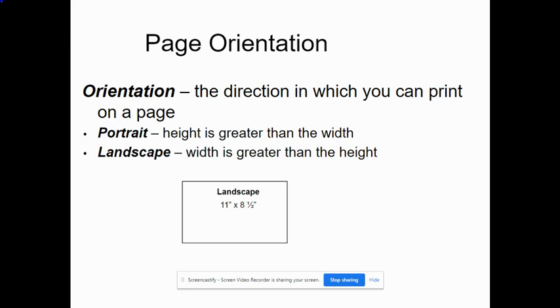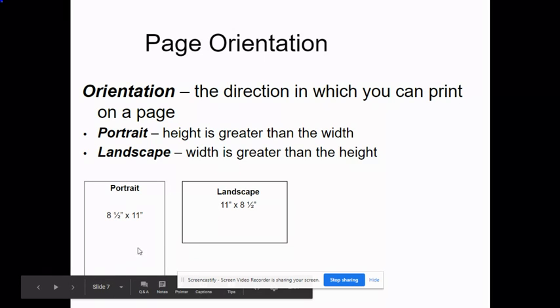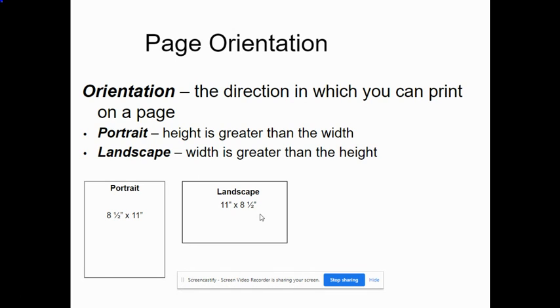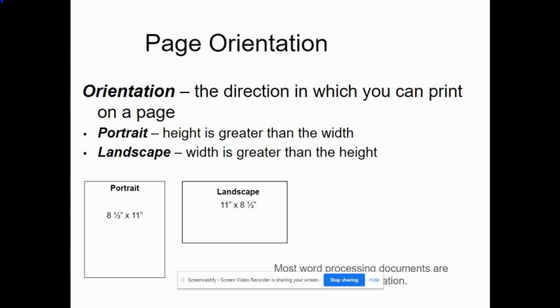Portrait is when the height is greater than the width. And here's a picture down here at the bottom of a portrait. If you were to print in landscape, it would be long way, so the width is greater than the height. Most word processing documents are defaulted to portrait orientation.